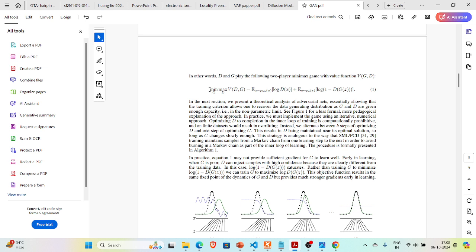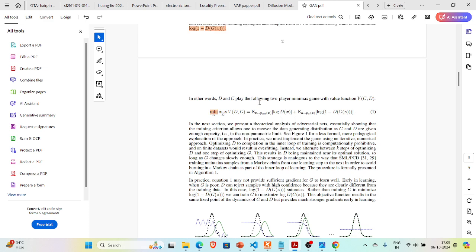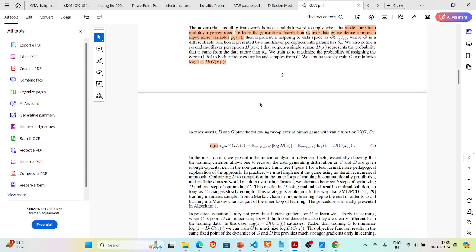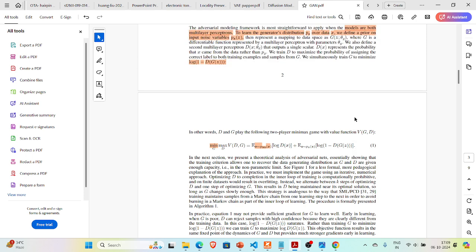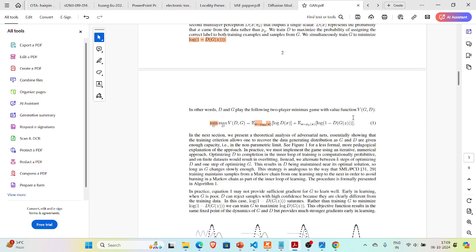We minimize with respect to G. With respect to data x that is coming from the data, we are trying to find the expectation of log D(x), and another term. So that is the idea here.